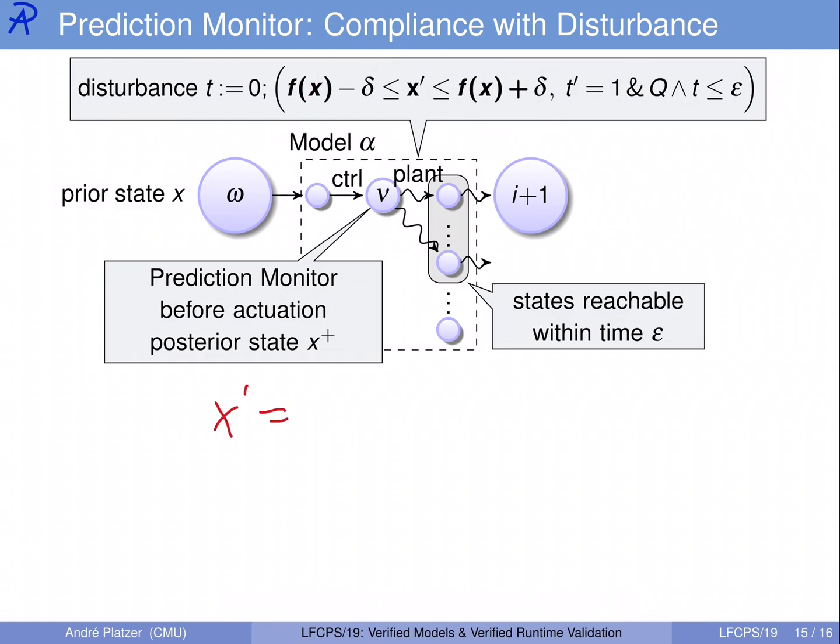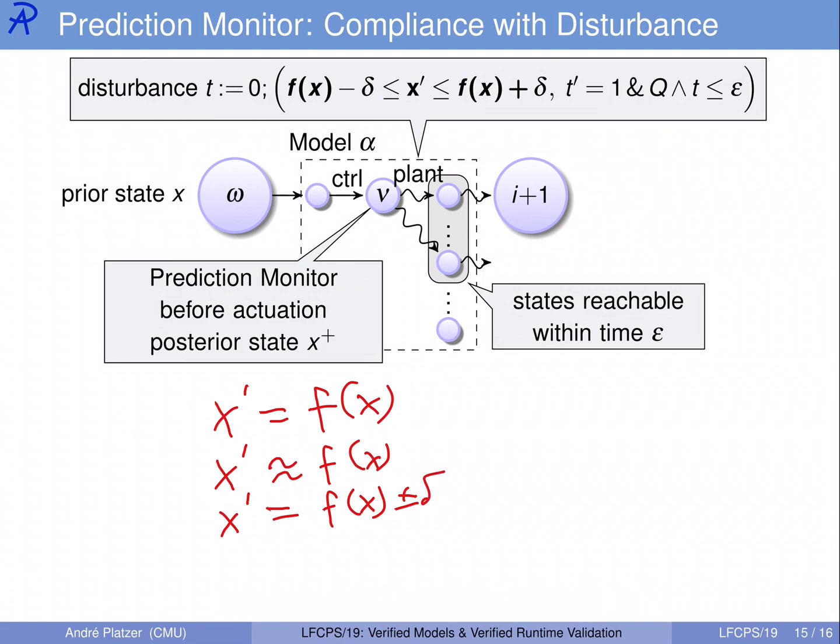You have a differential equation x prime equals f of x in your model ideal world dynamics, and then you want to say, well, it's not that, it's sort of like f of x, which is another way of saying, I guess, the derivative of x is f of x plus or minus some disturbance factor delta, or more precisely, the time derivative of x is less or equal f of x plus delta and is bigger or equal f of x minus delta. So it's within a delta range of what the differential equation says.